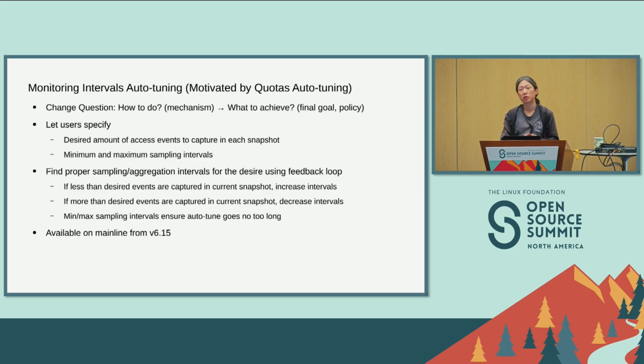If fewer than the desired events are captured in the last snapshot, then increase the intervals, and vice versa. The minimum and maximum sampling intervals work as a safeguard for the resulting intervals so that the auto-tuning doesn't go too far out of the grid. This feature is now available on mainline from 6.15, so it was added very recently.